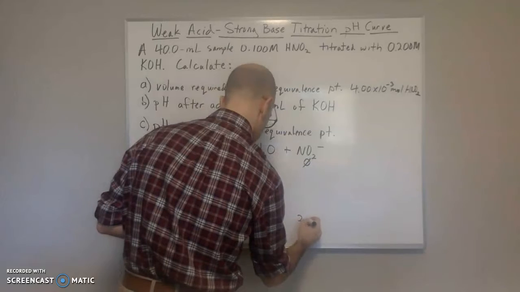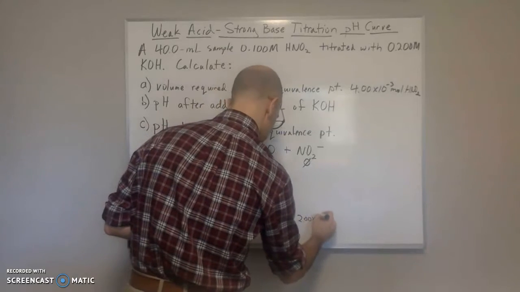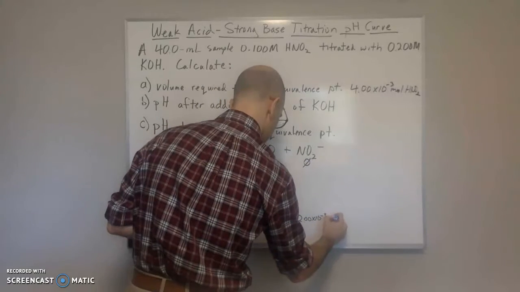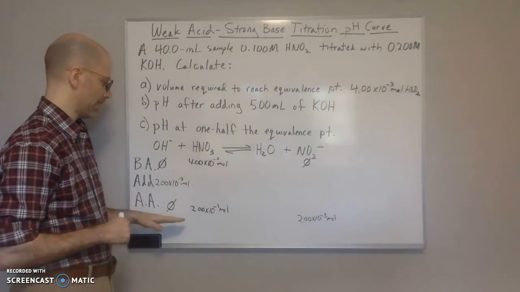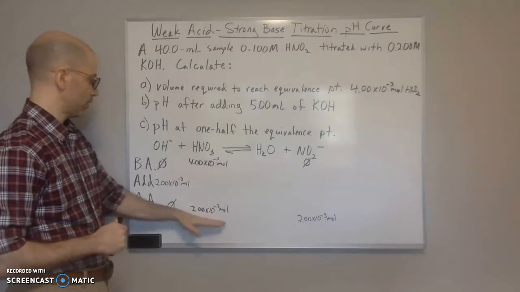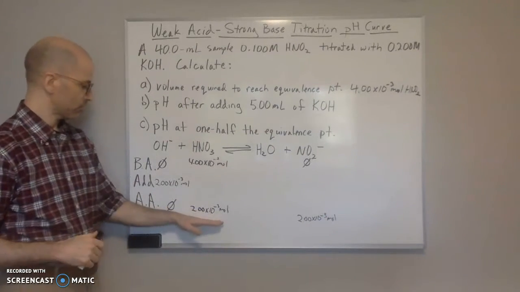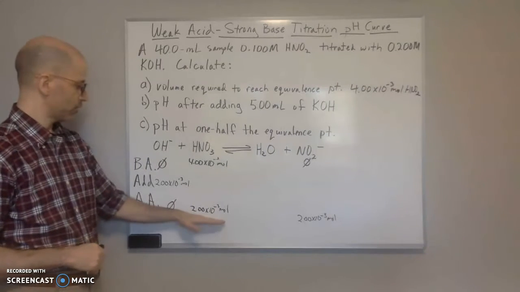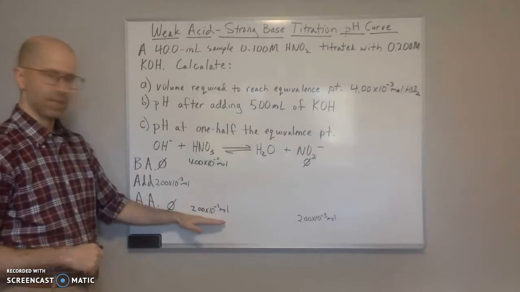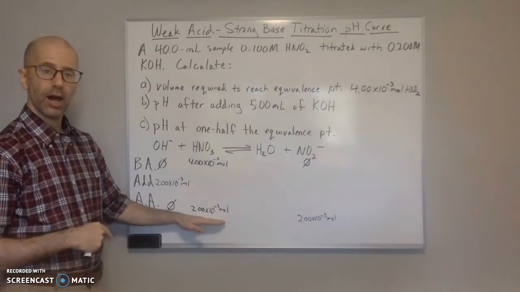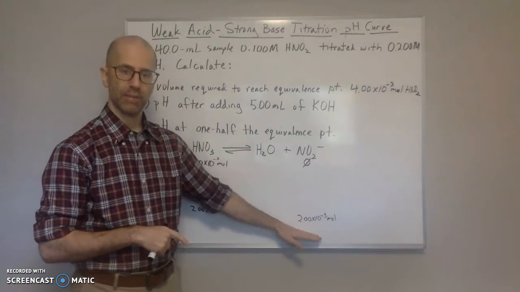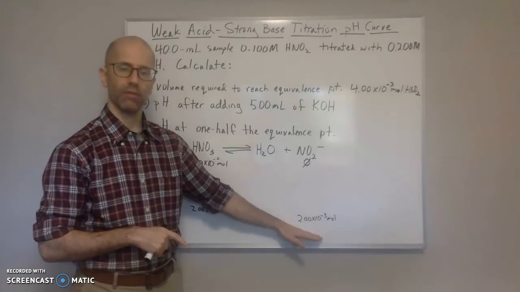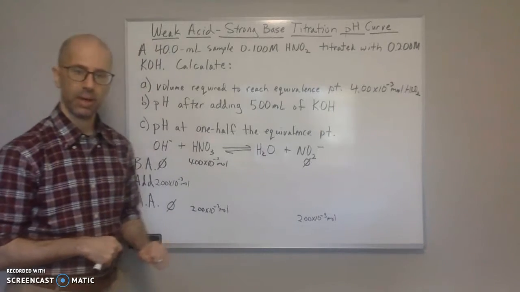So you're going to have 2.00 times 10 to the negative 3 moles of your nitrite ion. After everything has completely reacted, you have 2.00 times 10 to the negative 3 moles of your acid left, and 2.00 times 10 to the negative 3 moles of your conjugate base.